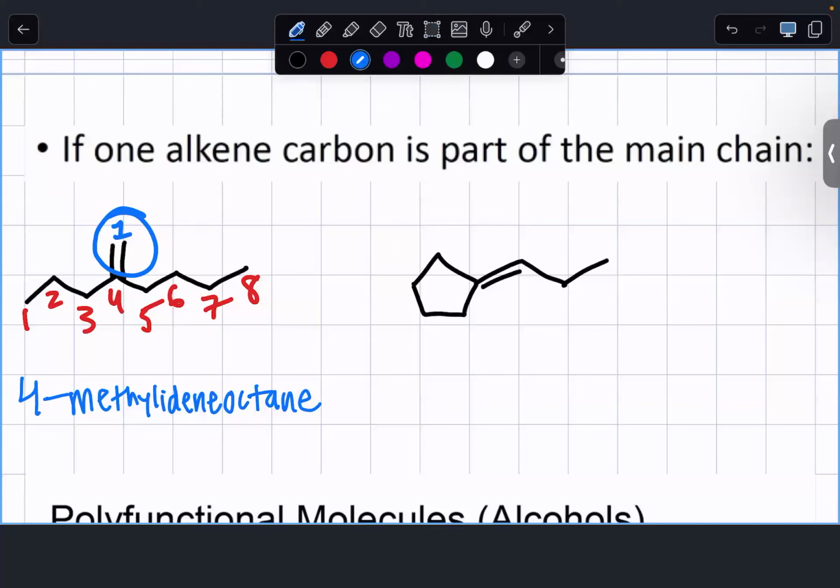For this example here, our main chain is this cyclopentane, and we have a 1, 2, 3 carbon substituent, where that is going to be propylidene cyclopentane.